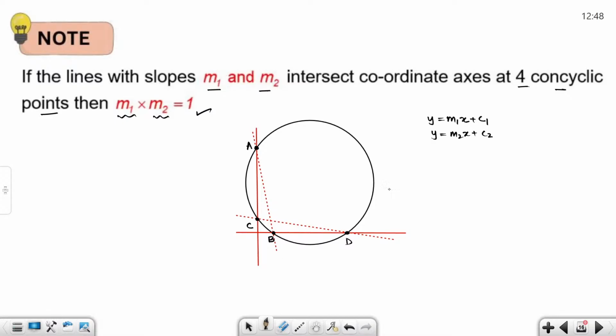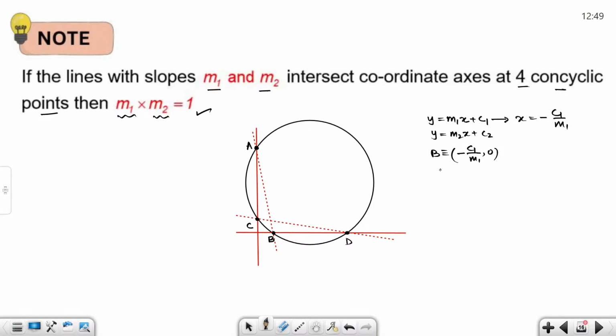In the first equation, if I put y equals 0, we get x as minus c1 by m1. So the coordinate of B is minus c1 by m1, comma 0. Is it clear?